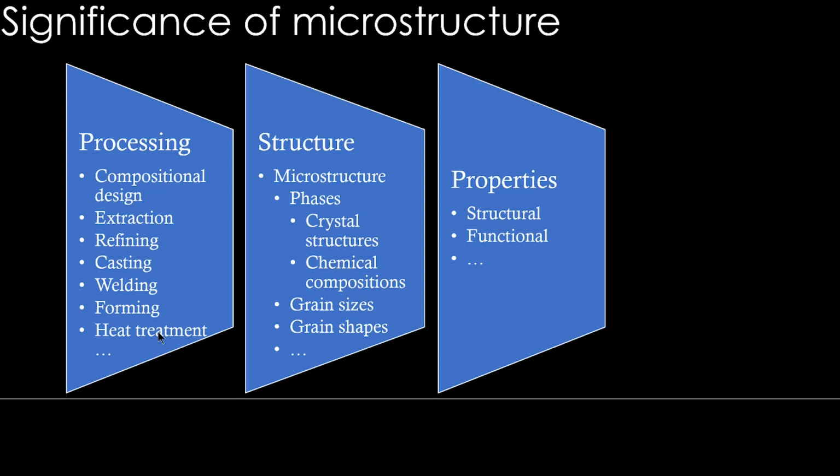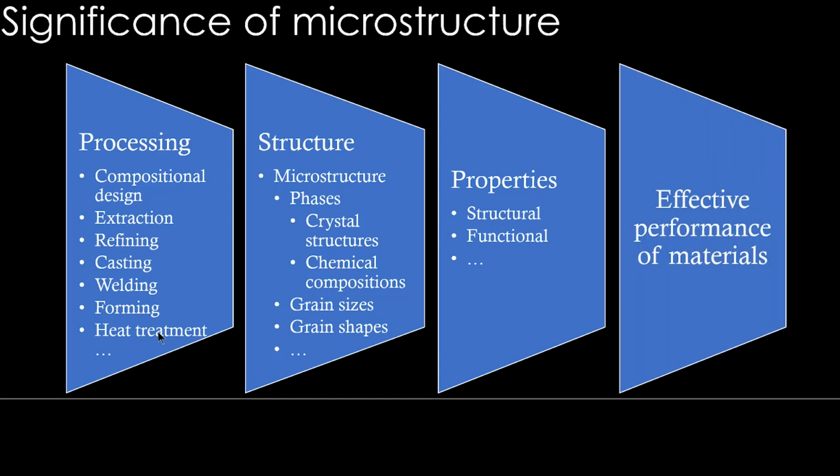The functional properties are like the electronic, magnetic, and optical properties. And of course, there is also the material's response to environmental factors such as corrosion. So they are also properties of materials. All of them affect the performance of materials. So the microstructure is at the heart of it.